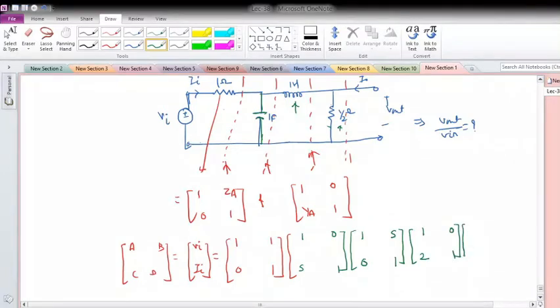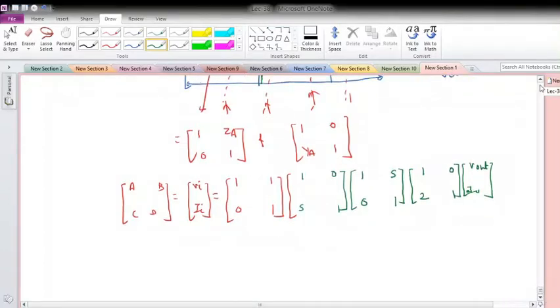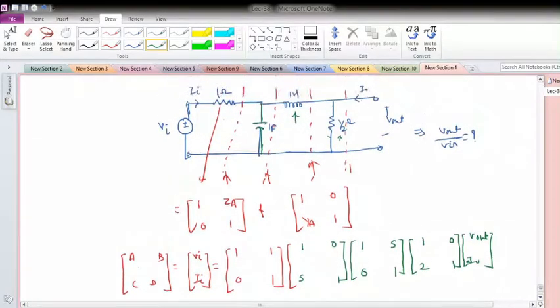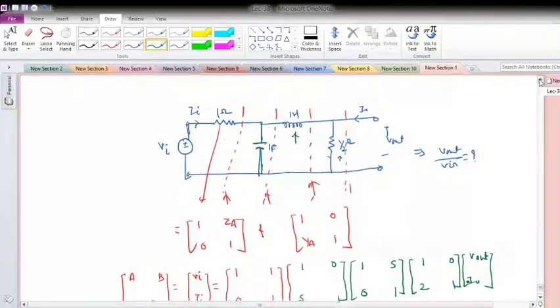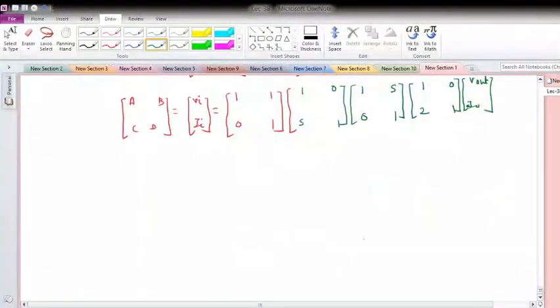Then multiply with the output port variables, which are V out and minus I out, since in transmission the direction taken is opposite to the one we generally use.